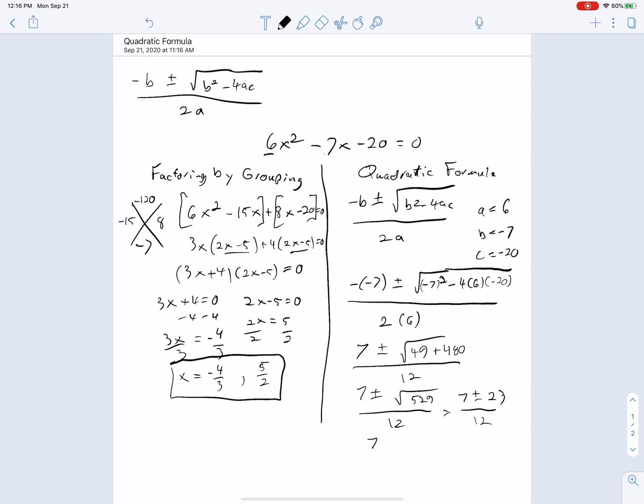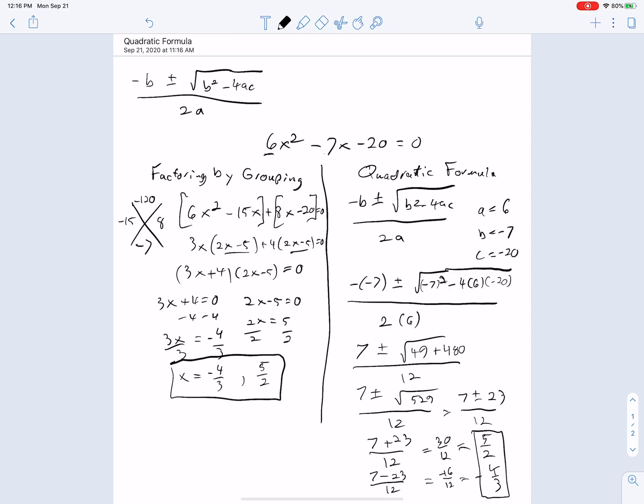We have 7 plus 23 divided by 12, which equals 30 divided by 12, which equals 5/2. And we have 7 minus 23, all over 12, which equals negative 16/12, which equals negative 4/3.